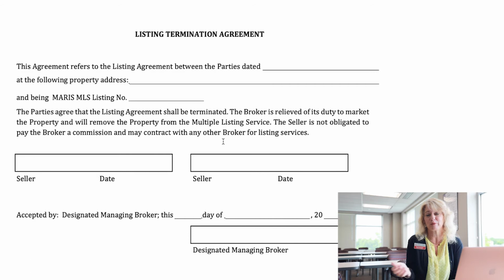I've even seen agents put 120 or 180 days, and how that protects the listing agent in the payment of commission past the termination or past the expiration of the listing date, if the buyer saw the house while it was listed under your listing agreement.